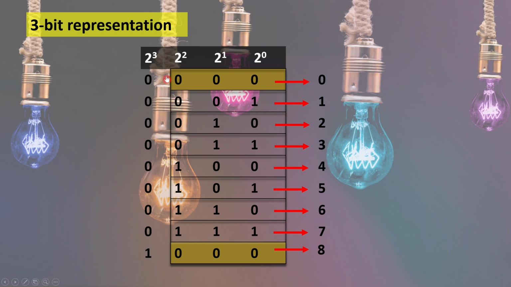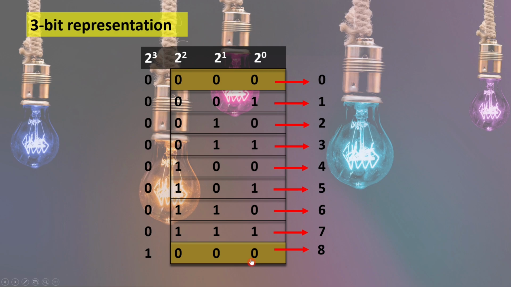This value 8 can't be represented in a 3-bit representation. As you can see, the 4th bit place value is 2 raised to the power 3. So if you want to represent the value 8, you must set this bit and reset all the other bits. Simply, we need to set this 4th bit to 1 and reset all other bits to 0.